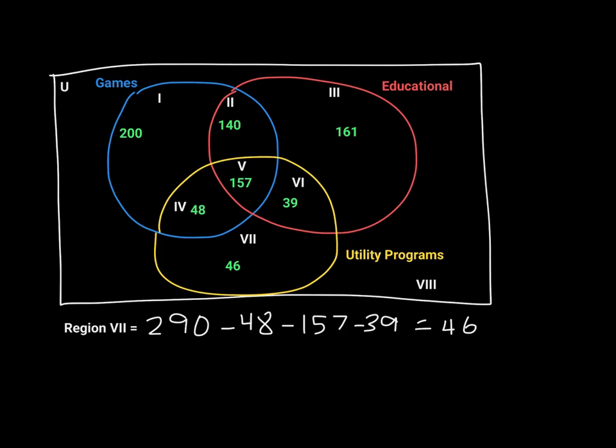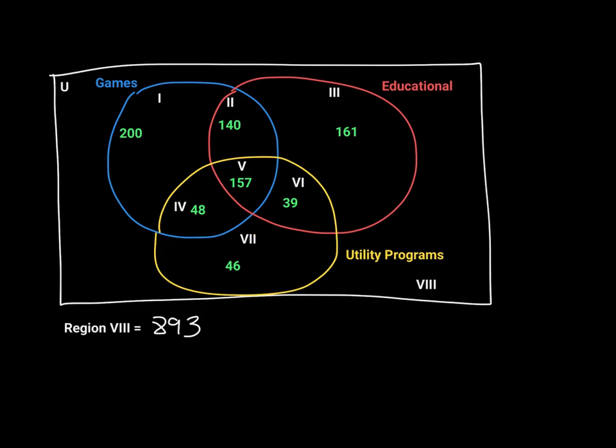All right, very good. Now, what about region 8? Region 8 are those customers that did not purchase any of these three types of software programs. We are told from the very beginning that there are 893 customers that were surveyed altogether. What we're going to have to do is add up all of the customers in regions 1, 2, 3, 4, 5, 6, and 7 and subtract that from 893.